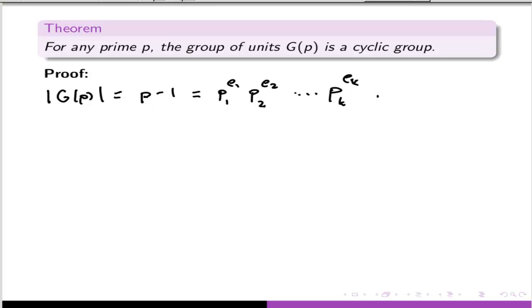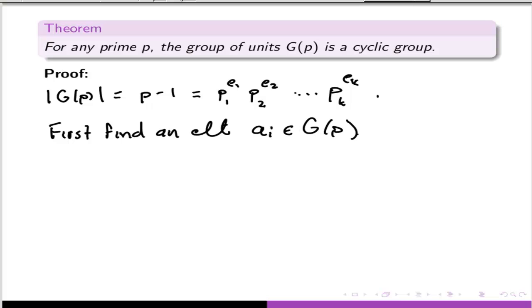So I'm not going to try to find an element of order p minus 1 all at once. Let's first find an element a sub i in GP with the order of ai being pi to the ei.